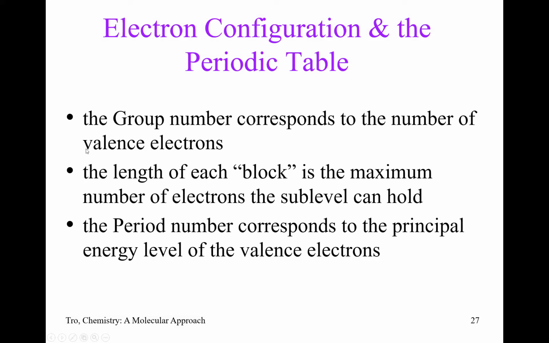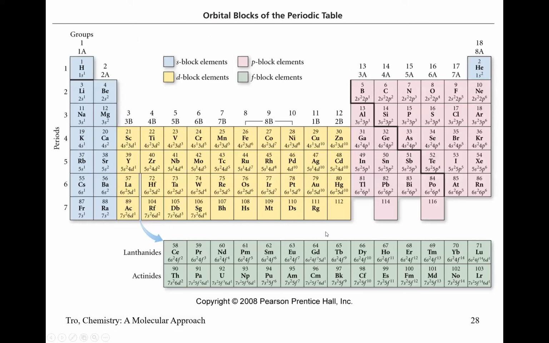The group number corresponds to the number of electrons, the length of the block, maximum number of electrons in the subshell, and the period corresponds to, again, that principal energy level of the valence electrons. And so here's where you could fold the periodic table over. So if this was a piece of paper, you could fold it here and put element 4 and 5 together, right?